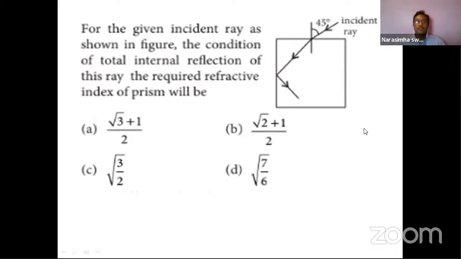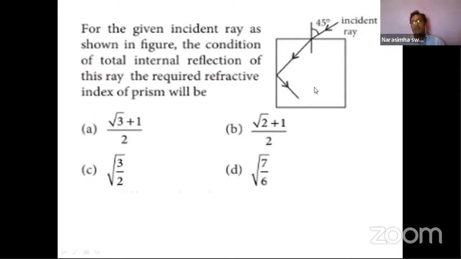I hope you understood this. Observe the diagram. The angle of incidence at the interface is 45 degrees, and inside it is refracted into the same medium, and again at this point it is totally internally reflected.